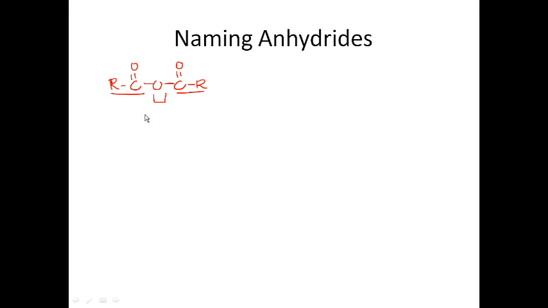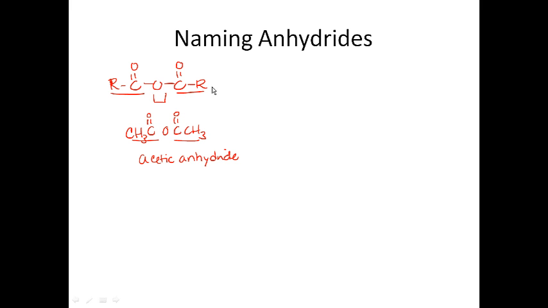So if I had, for instance, one of the simplest anhydrides that people use a lot is this one, which is the anhydride of acetic acid. We would actually just call this acetic anhydride, and it's understood that both of the carboxylic acids that made the anhydride are both acetic acids.